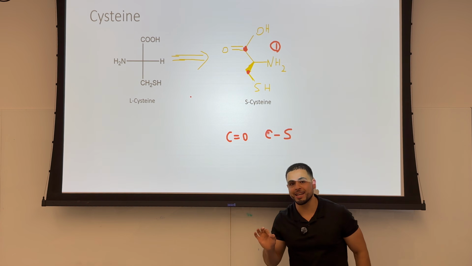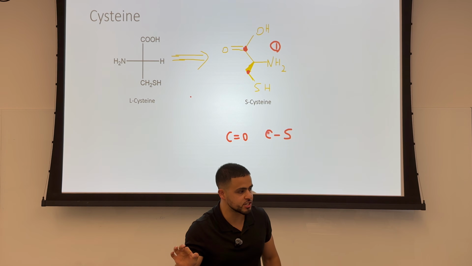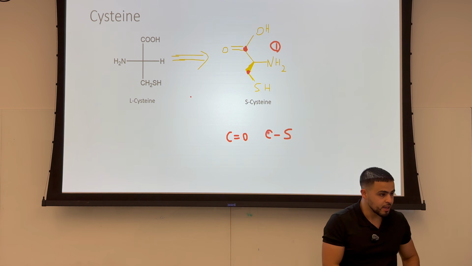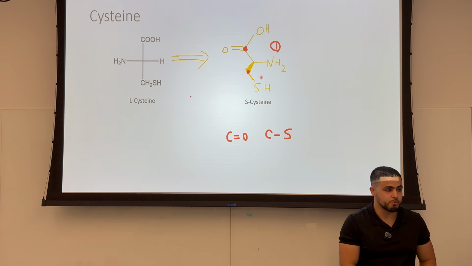Because sulfur has a higher atomic number than oxygen, this group right here, the R group, the side chain, will have a higher priority. So it'll be number 2. And then finally, the carboxylic acid will be number 3.